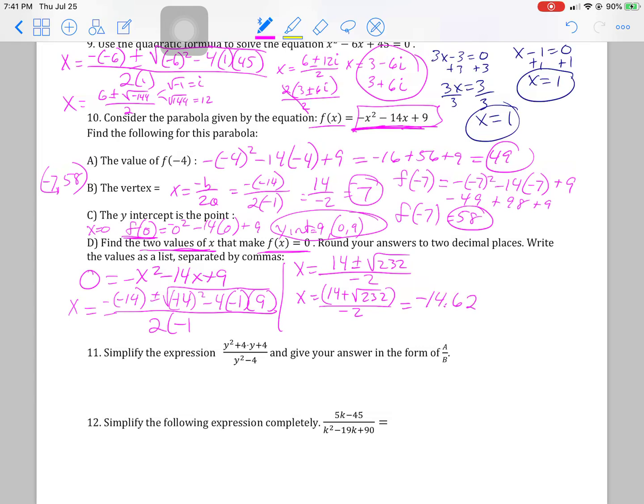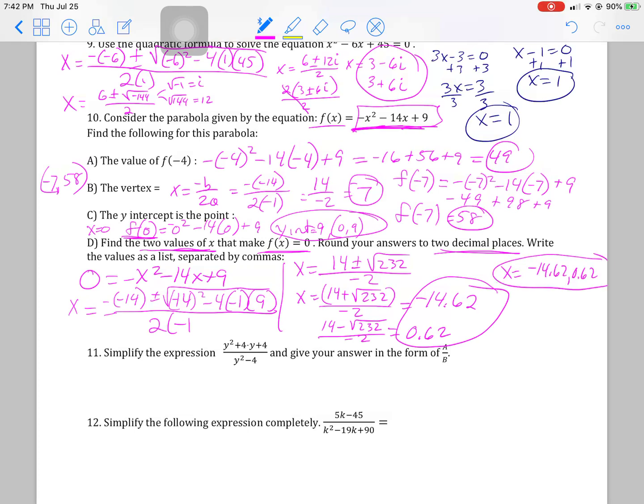Okay, and then 14 minus negative 2, that's going to give you the 0.62. Round to 2 decimals and list with a comma between them. So x equals negative 14.62, comma 0.62. Okay?